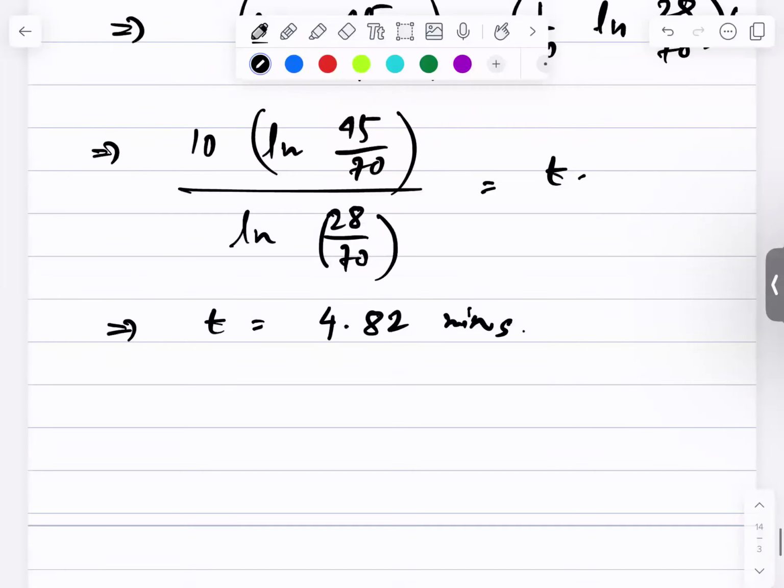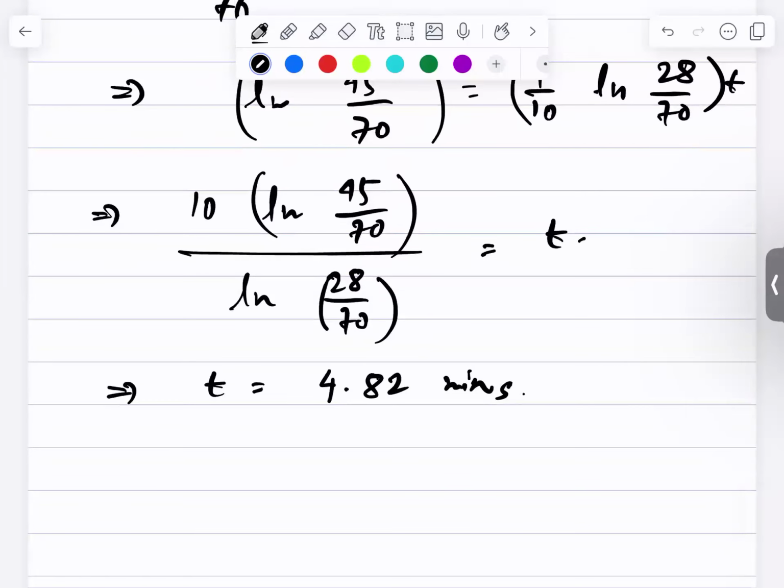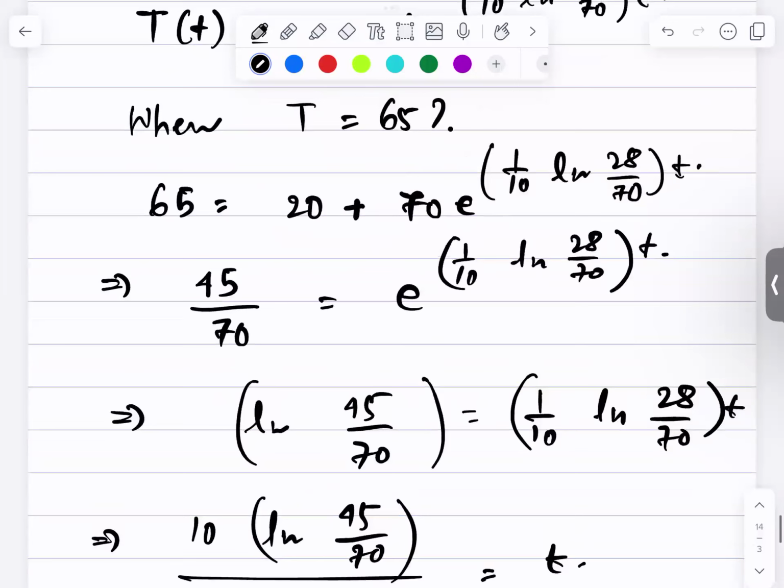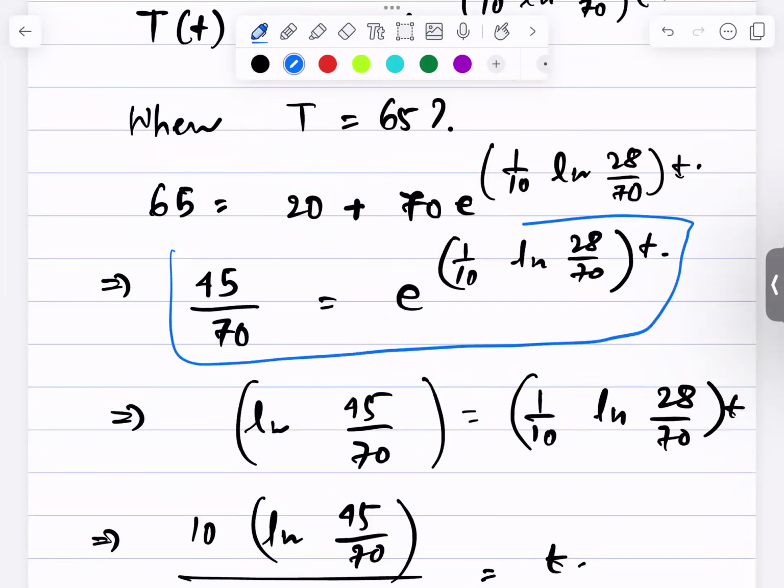Okay. So after approximately 5 minutes, the temperature of the coffee will be 65 degrees Celsius. One thing, I just assume that you know how to deal with this type of equation.